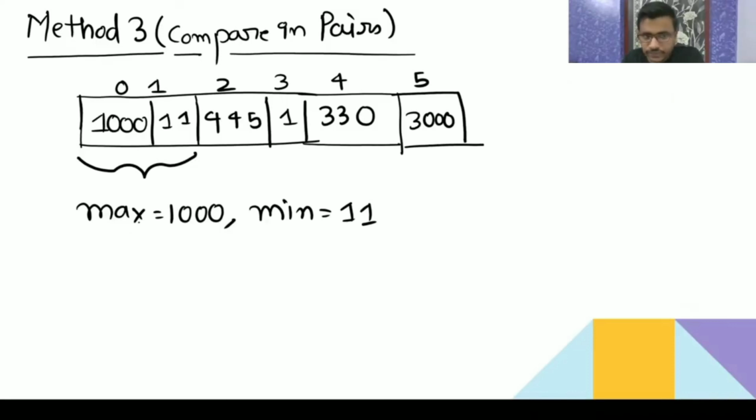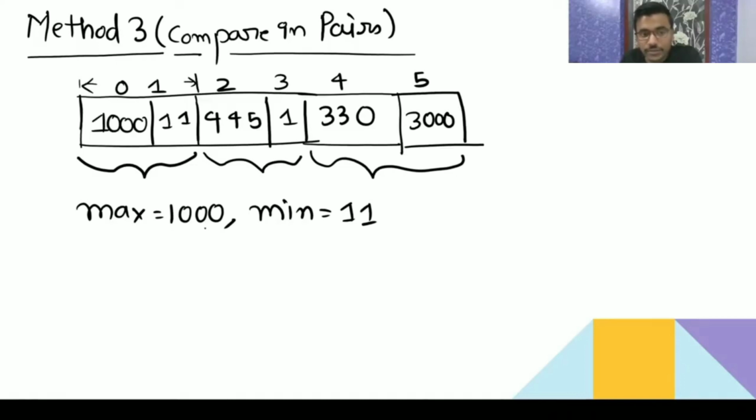So first you find the max and min by comparing the first two elements. Then you create the next pair. Between these two, 445 is max and 1 is min. Then compare this max with your actual max.